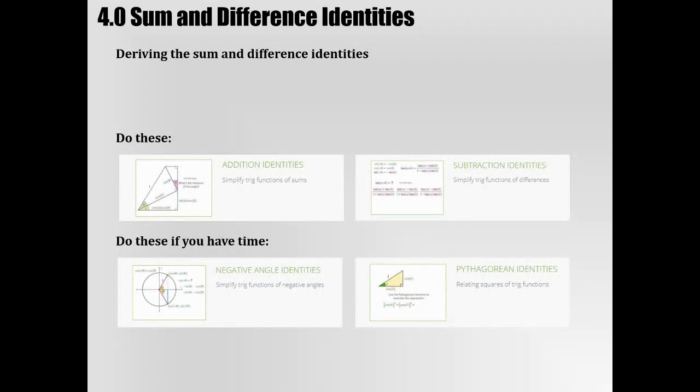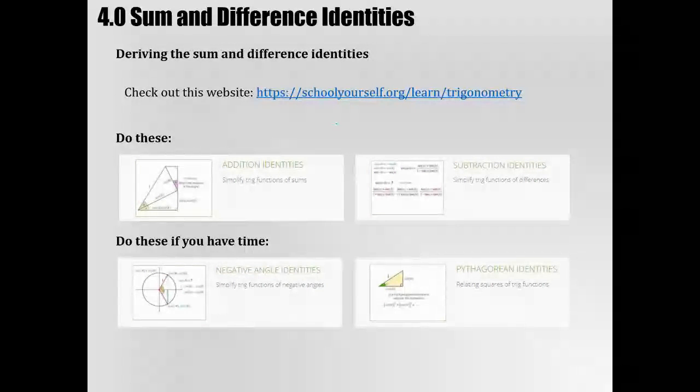Finally, I don't know if you all are familiar with School Yourself or if we've used it in the past, but there's a website, School Yourself. It's also linked on the page as well as in this PowerPoint, or you can just go directly to School Yourself. And there's actually a bunch of videos there that we've worked with. These four are great to work with at this point.